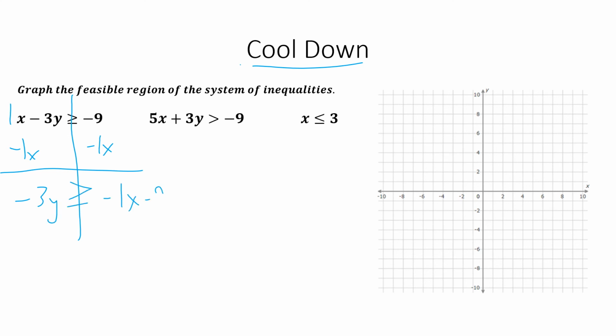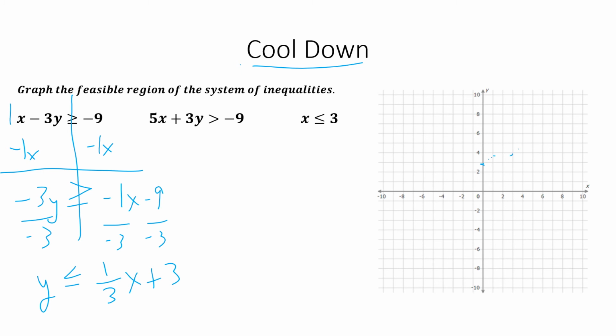So -1x minus 9. The other thing is start writing the x in front. You need it to be in front, so you might as well just get used to doing that. We're dividing by a negative, so this becomes 1/3 x plus 3. So it's a solid line, and we're shading below.